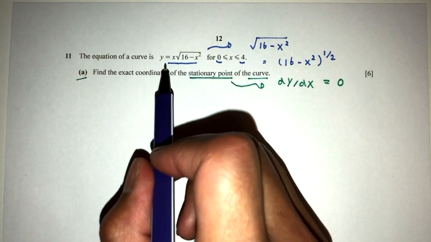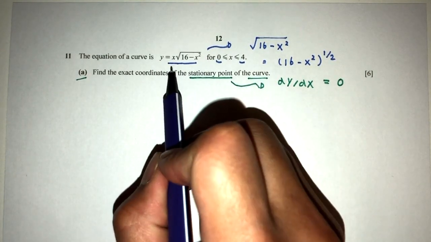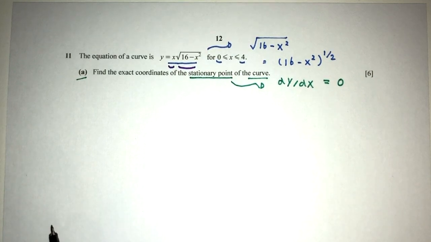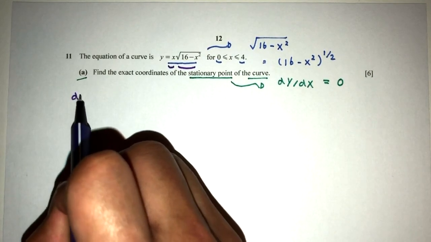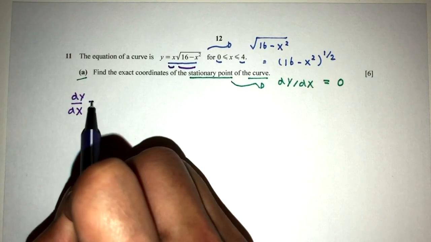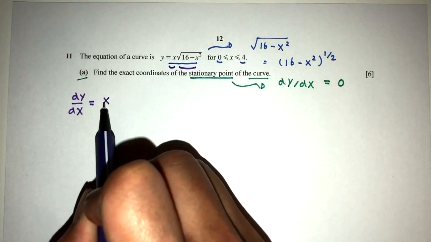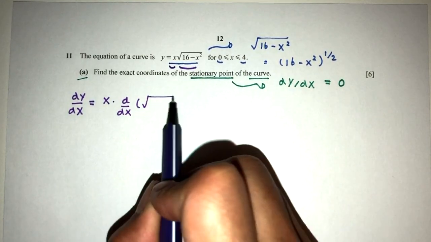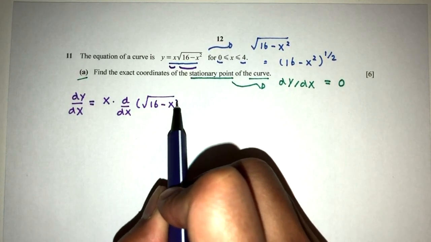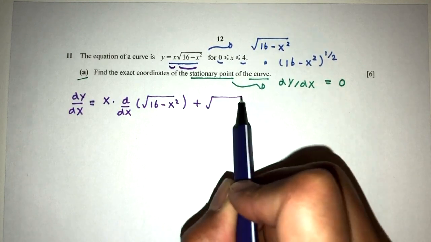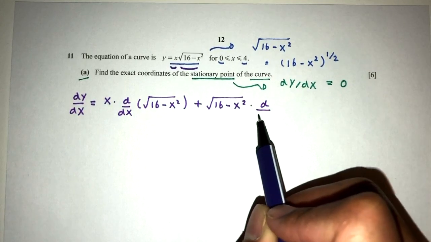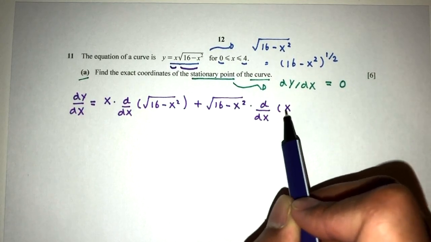Now, how do you find dy by dx of this equation? As you can see, it is a product. X times this, that will be a product, so we have to use the product rule. That will be dy by dx is equal to, the first one will be x, then times d by dx of this one, right? And then plus the first one multiplied by d by dx of the first one.